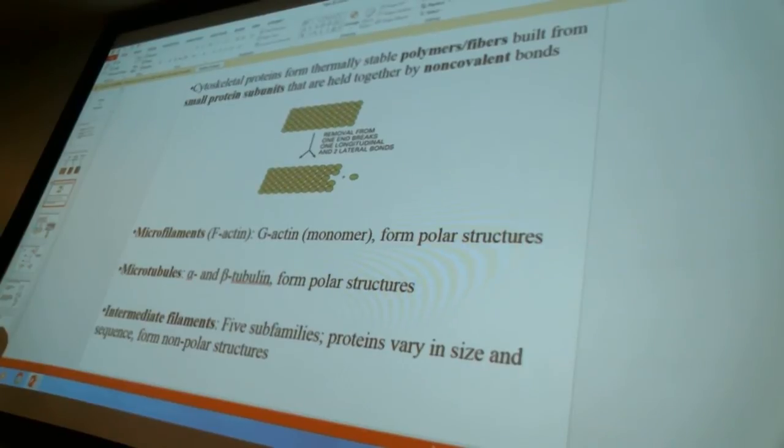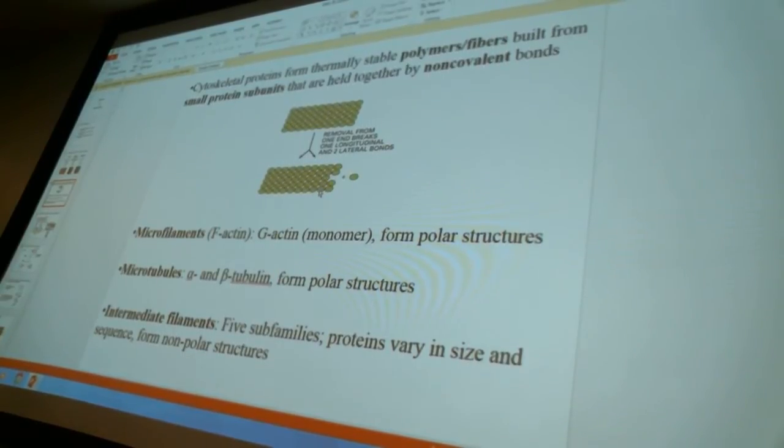However, when they form into these polymers and fibrous structures, they are quite stable. If we lose one individual subunit from such a structure, the entire fiber is still going to persist. It's not going to collapse.